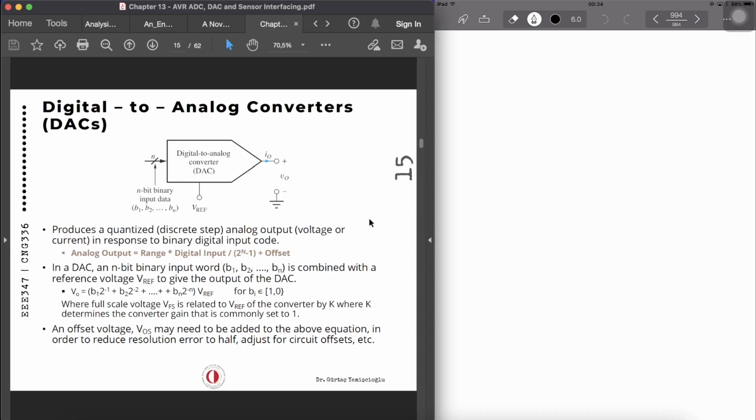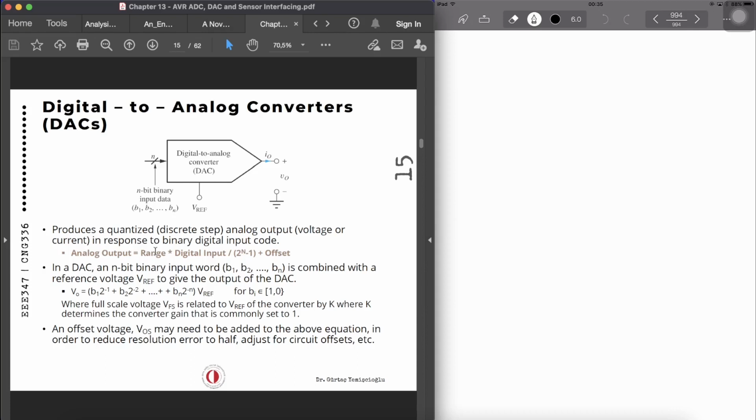What is it doing actually? So digital to analog converters provide discrete steps, or quantized steps, because we can only make progress in this resolution, like we have calculated in the previous examples. And in general, if you look at the conversion for the analog output, we are taking the range, and we are taking the ratio of our digital input to our overall digital range, and we are multiplying the two together.